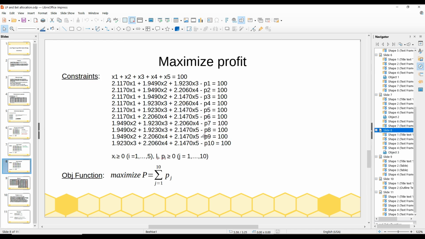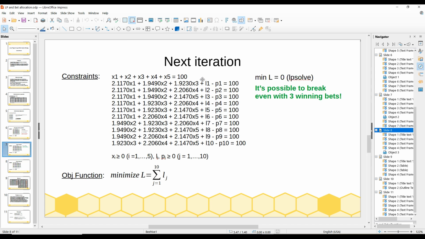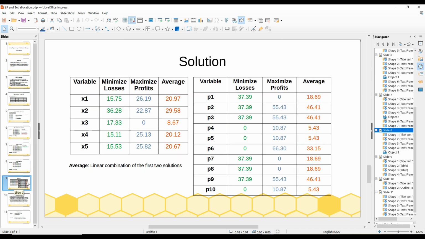Of course, we got rid of the L variables in this case, but the L variables are equal to 0. So every solution of this problem and the next one, we can combine linearly and produce another solution. In this case, I'm taking the average as the combination.